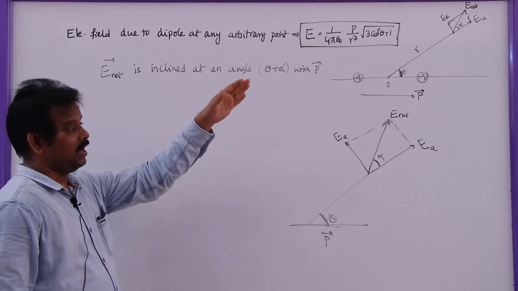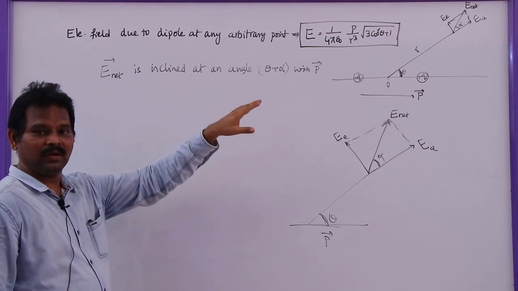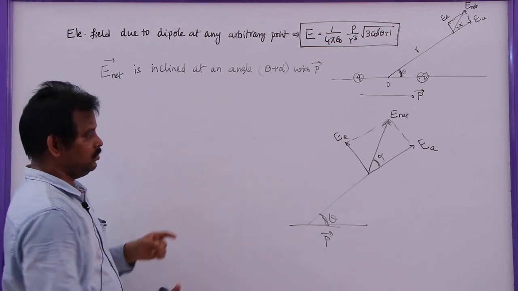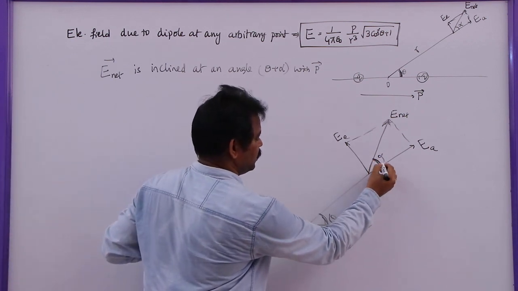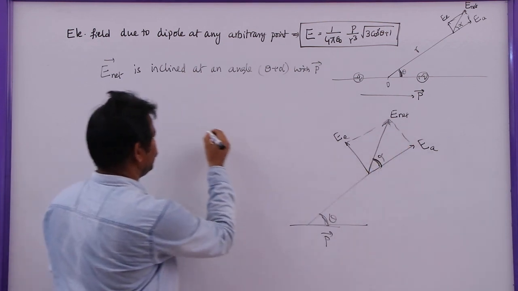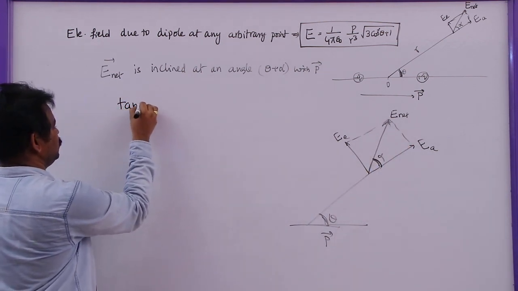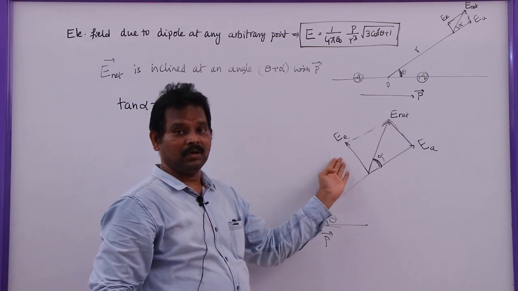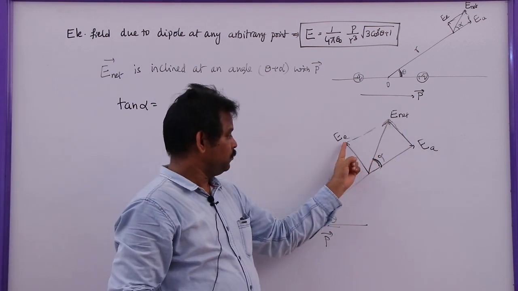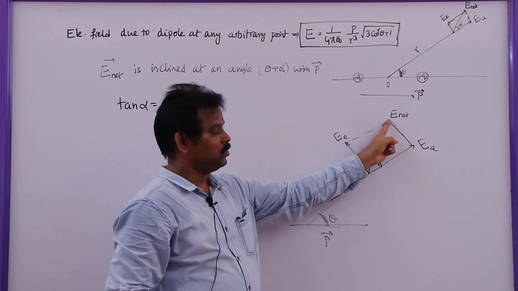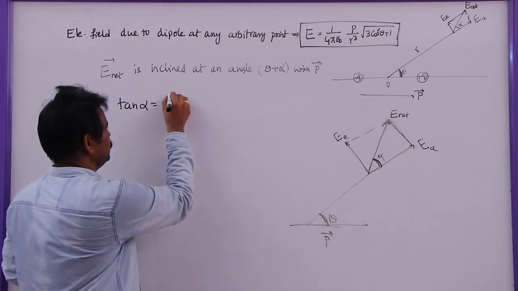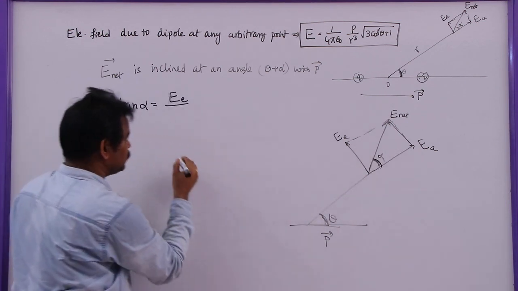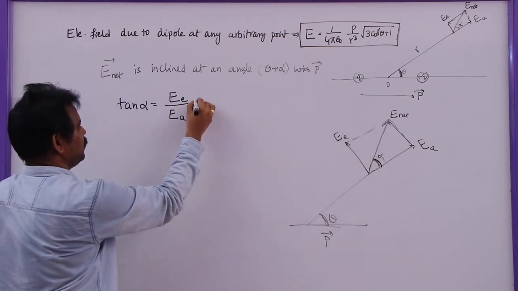But how to find this alpha? Because theta will be given in the problem itself, but we need to find out alpha. Now if you want to find out alpha here, let me take tan alpha equal to the opposite side. In the parallelogram, the opposite sides are equal, so if it is E equatorial, this is also E equatorial. So the opposite side is E equatorial by the adjacent side E axial.